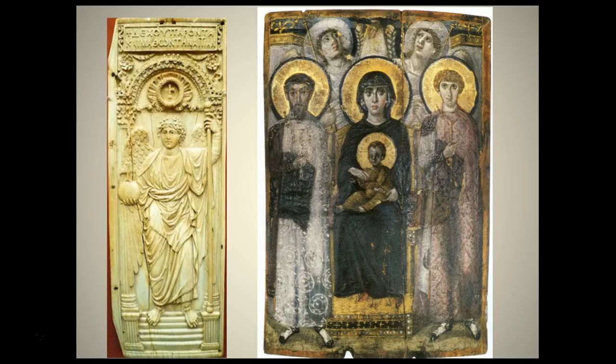So, again, to talk about the difference between classical art and Byzantine art and the function of the difference, even though this has some classical elements to it, Byzantine and Christian art function in a different way than classical Greco-Roman art did, which was more of a direct observation of nature.